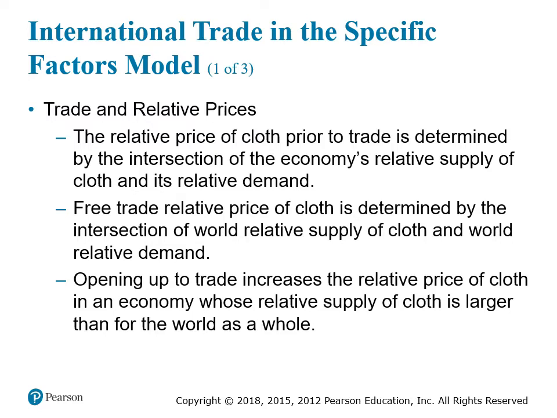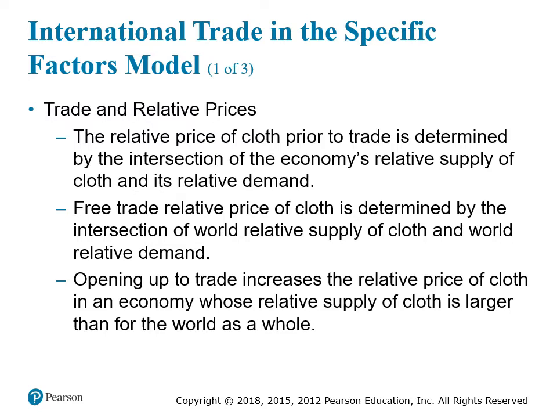The first point is that the relative price of cloth prior to trade is determined by the intersection of the economy's relative supply of cloth and its relative demand. So in the previous slides we said that the price and the quantity of cloth being produced is determined by the supply and demand within a country.